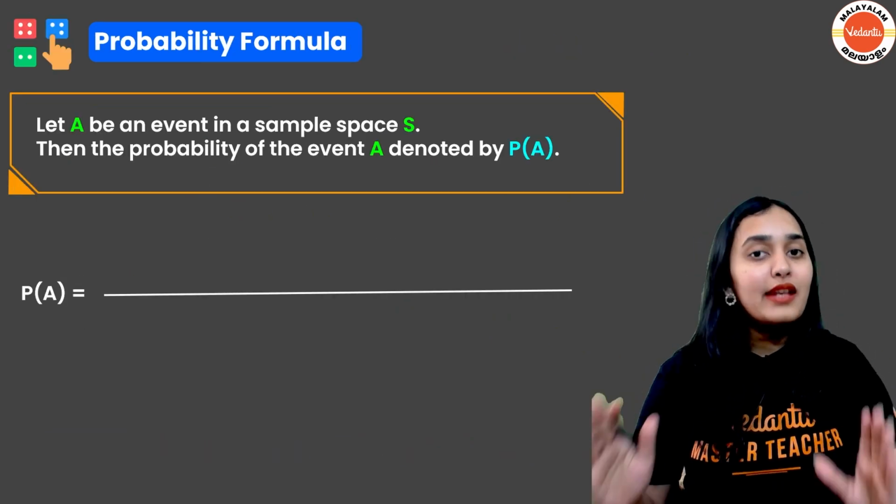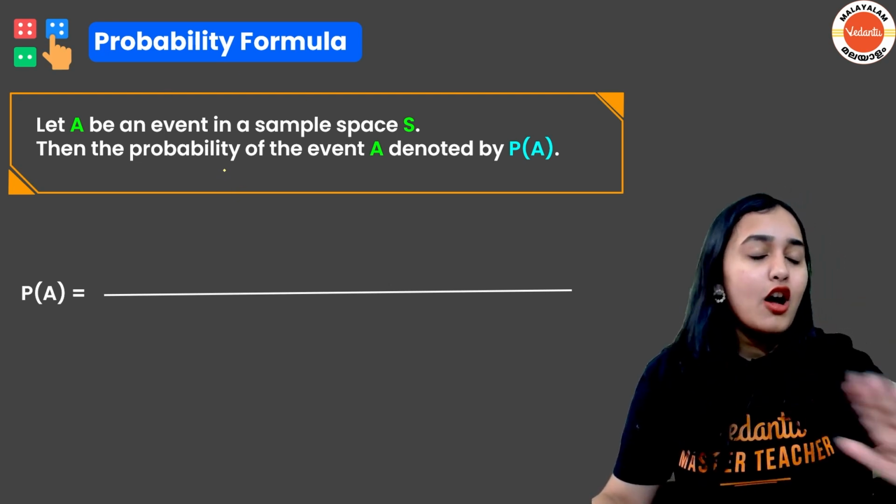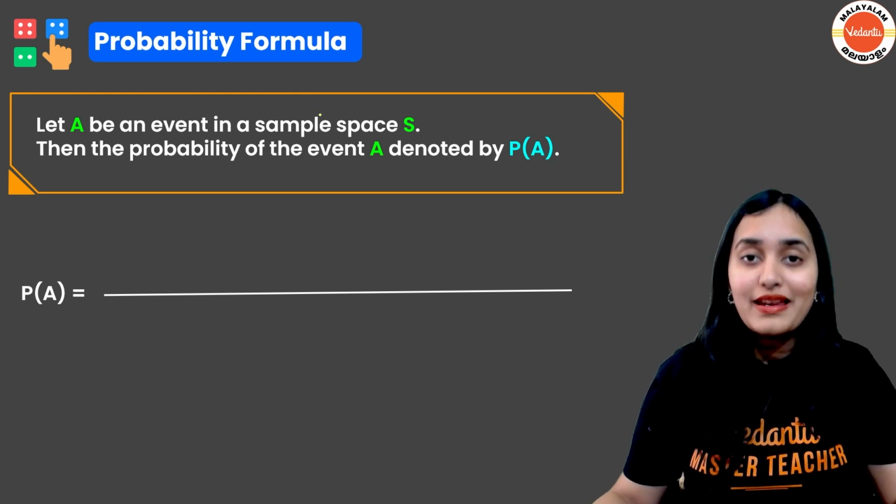Now let's see the formula for calculating probability, because this basic formula is used in a lot of questions which you will see in the previous year questions of KEAM.